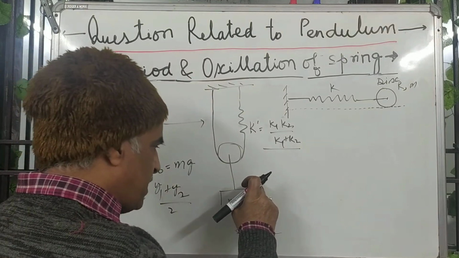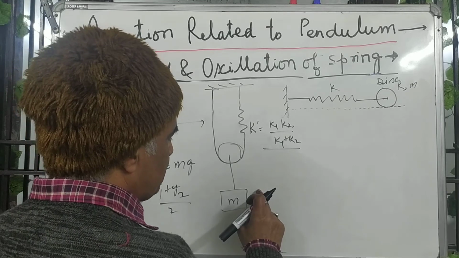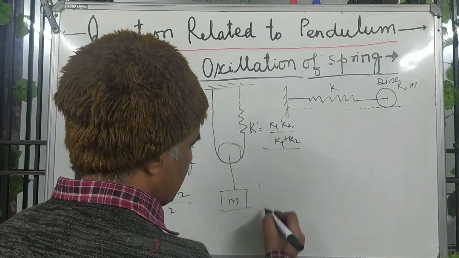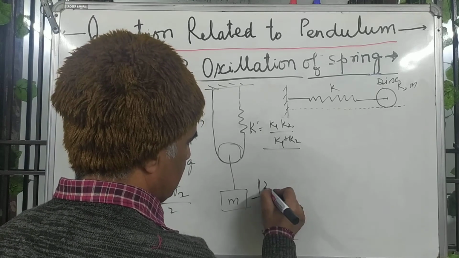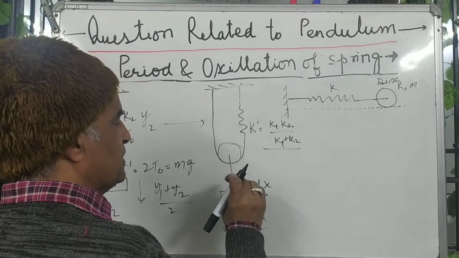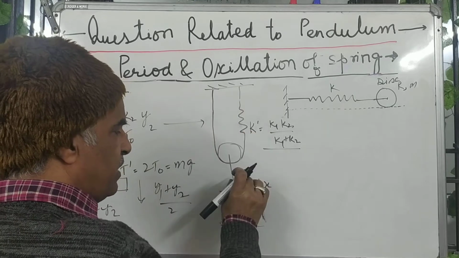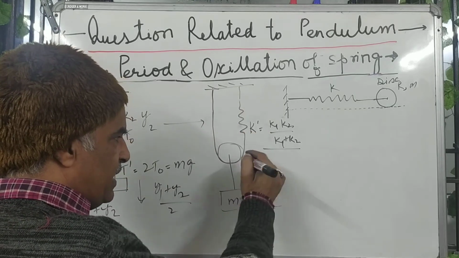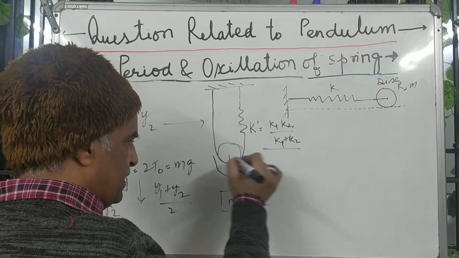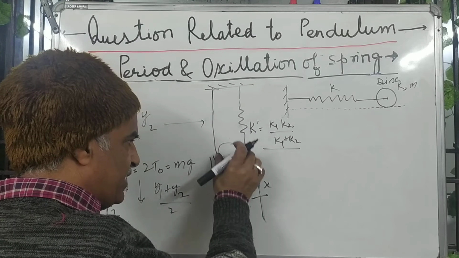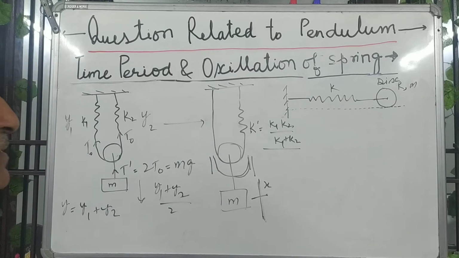If the mass comes downwards by distance x, the spring will have to stretch by 2x, because x this side and x this side of wire is needed. Spring extension will be 2x.